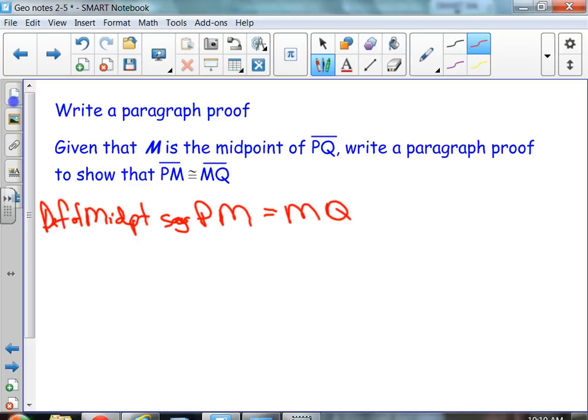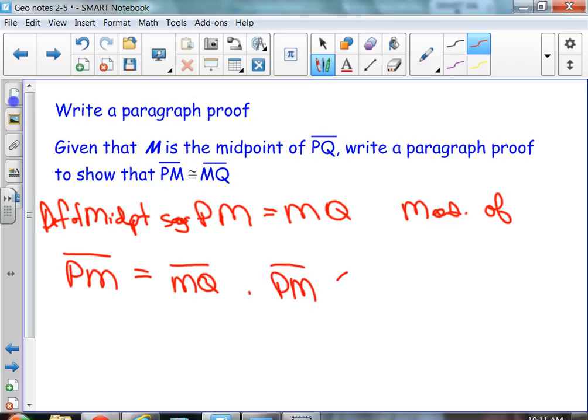So if those 2 are equal, then the measurement of line segment PM is equal to the measurement of line segment MQ. If their segments are equal, then their measurements are equal. If their measurements are equal, then we can say that line segment PM is congruent to line segment MQ.